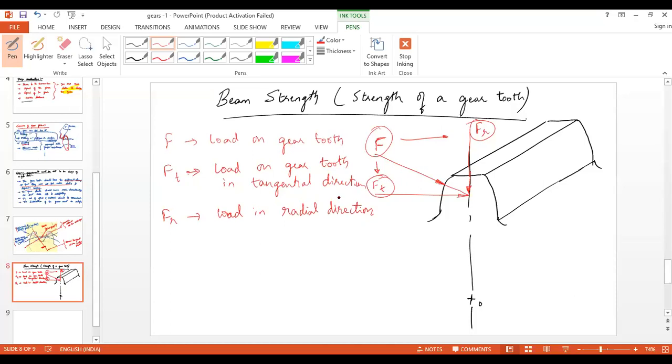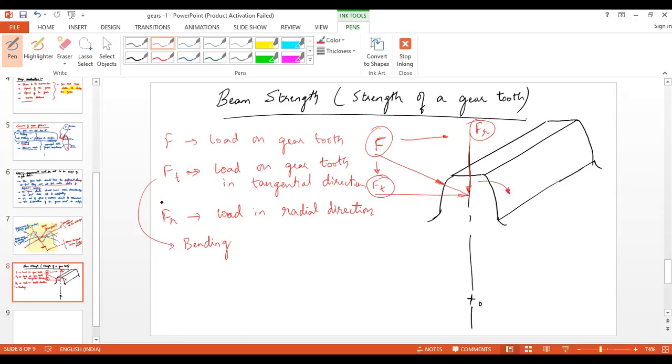I'm talking about the Ft. This Ft creates bending, so it tries to bend the beam in this direction.